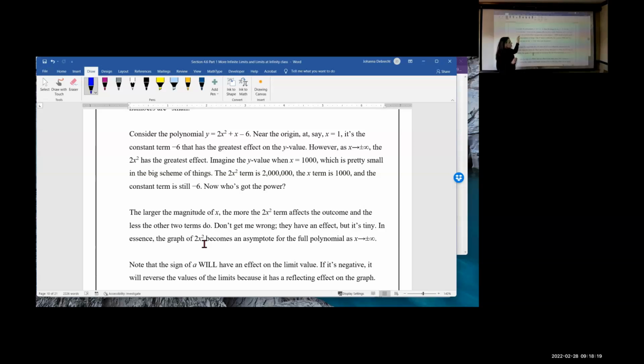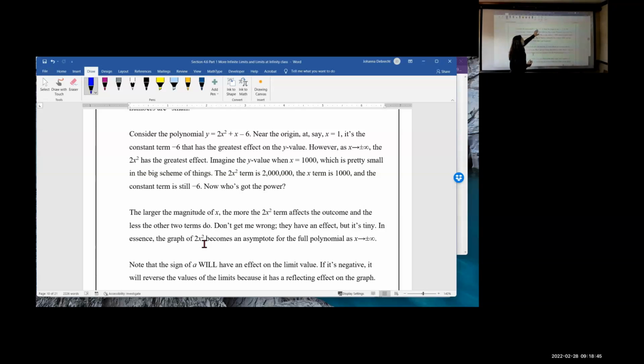As x gets larger and larger, or smaller and smaller to negative infinity, it's the 2x squared that has more power. So let's consider a relatively small value of x equal to 1,000. We don't think of it as small, but it is small in the grand scheme of things. When you're thinking about values that go to infinity, 1,000 is relatively small.